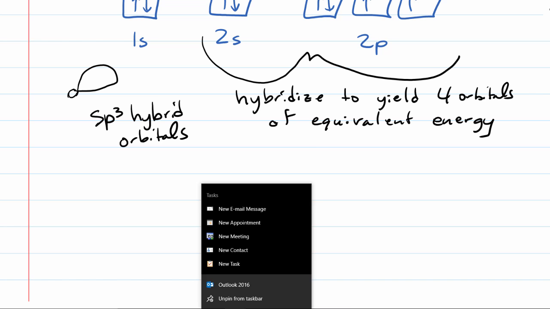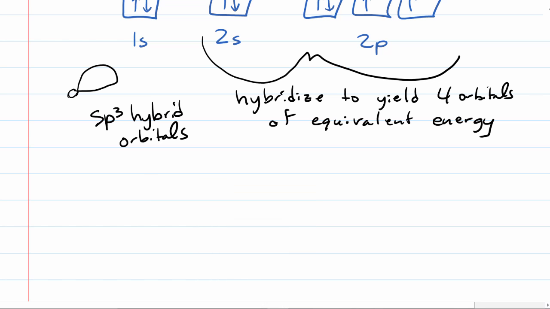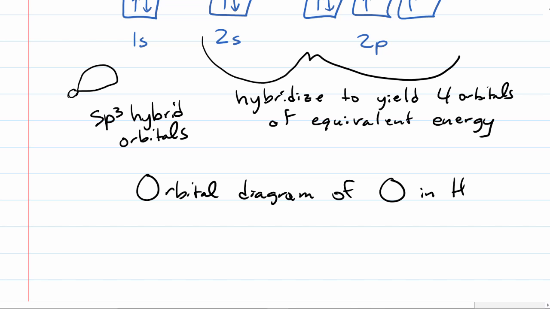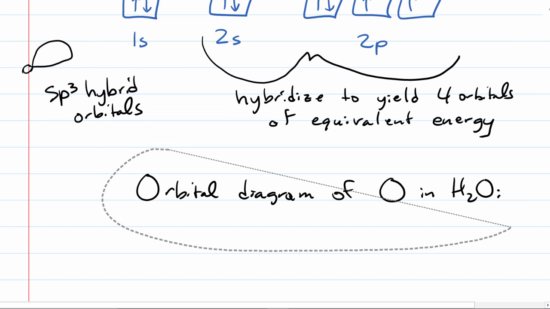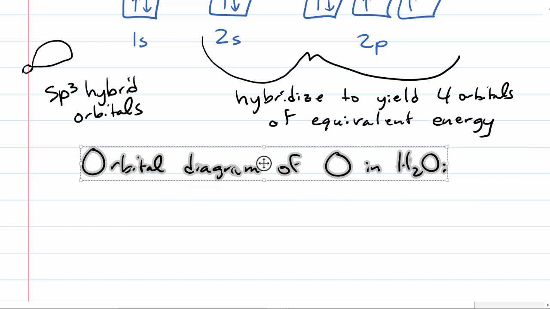We could look at what the oxygen looks like. We could say that we want to look at the orbital diagram of oxygen in H2O. And if we want to look at the orbital diagram of oxygen in H2O, we would then show it like this.